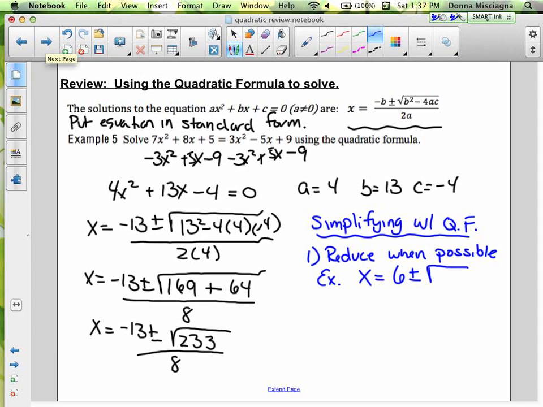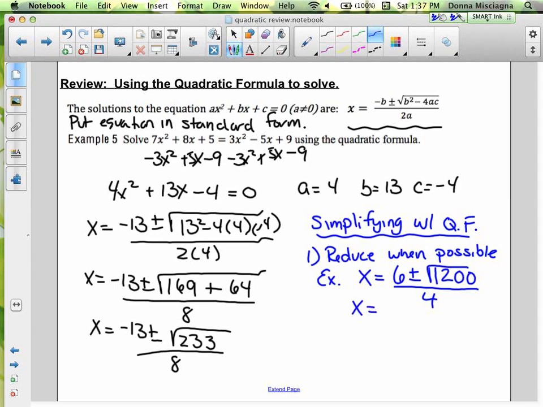How about 1200 divided by 4? All right, so first of all, we have to simplify the radical.